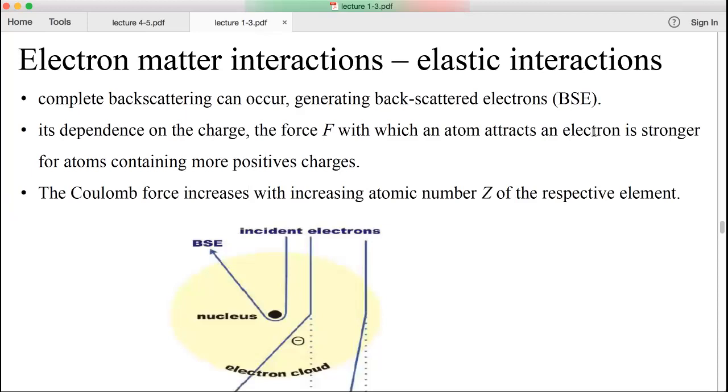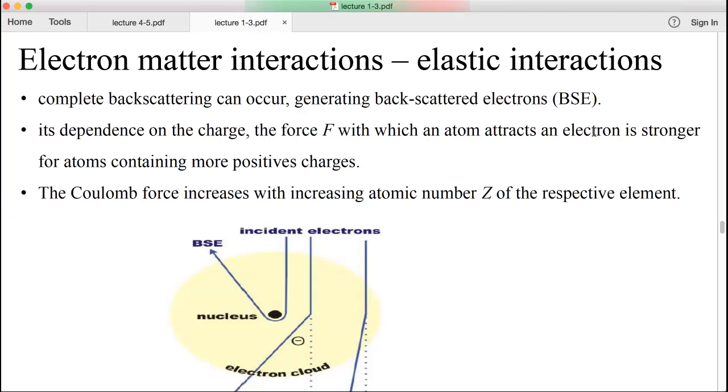It depends on the charge: the force F with which an atom attracts an electron is stronger for atoms containing more positive charges. Now let's imagine your sample. As we all know, if we use a nanocomposite, we have several elements in it. Some elements have a smaller atomic number, some have a larger atomic number. Smaller atomic number means the number of electrons is smaller, the number of positrons is smaller, and the same for the neutrons. So their nucleus is smaller, right?